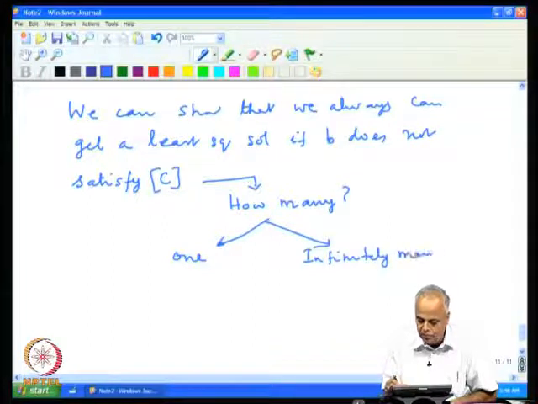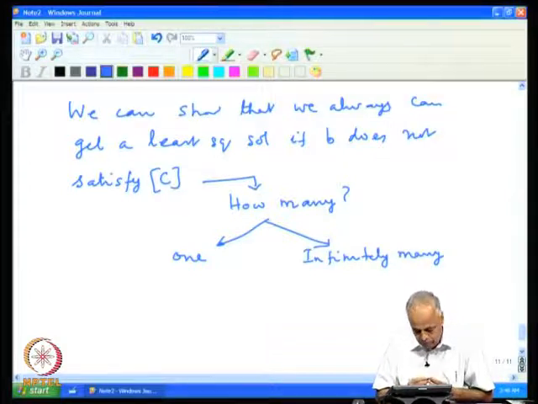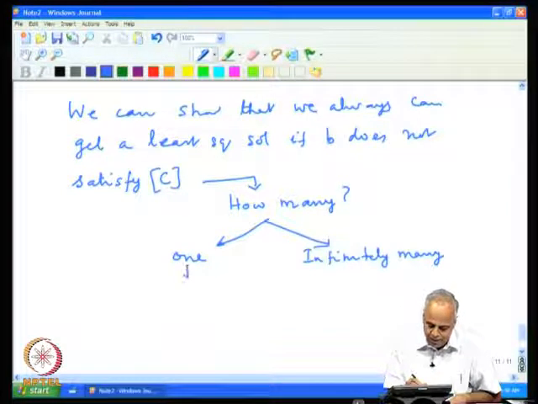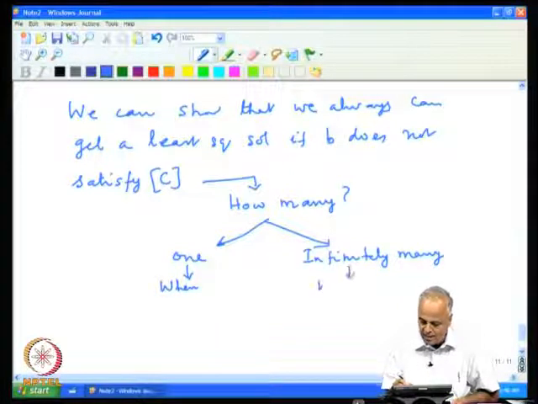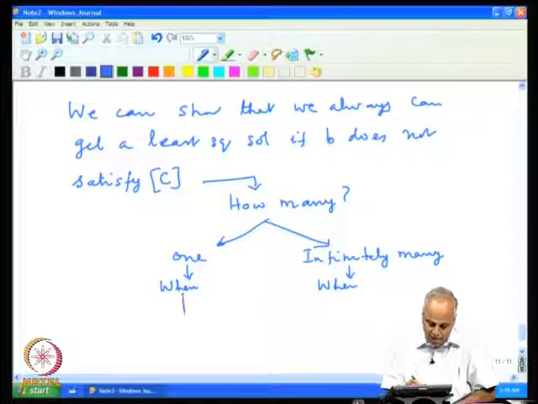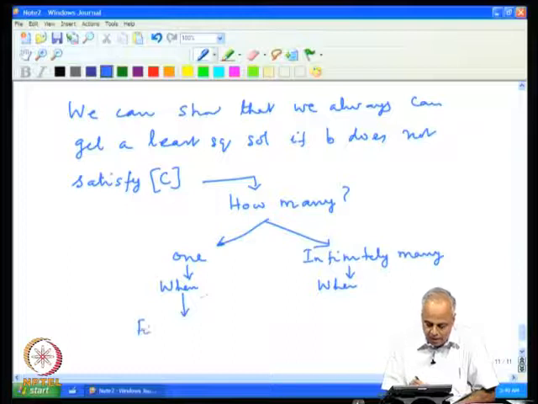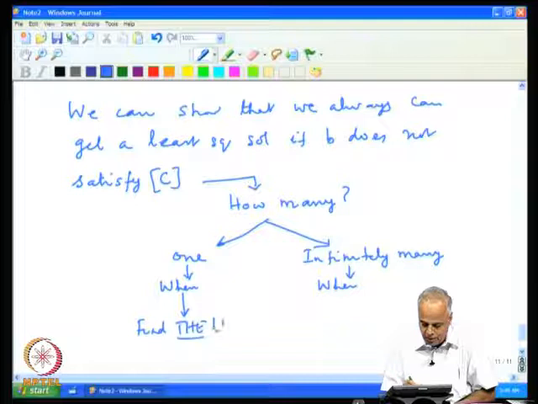Now the question is again, when does this happen and when does that happen? Having answered that, the question we would like to answer is, finally, how to find the least square solution.